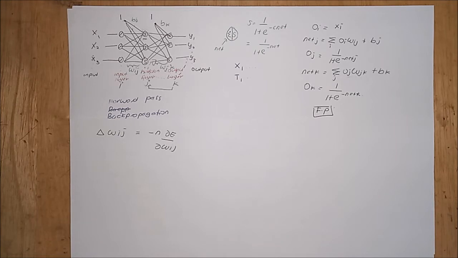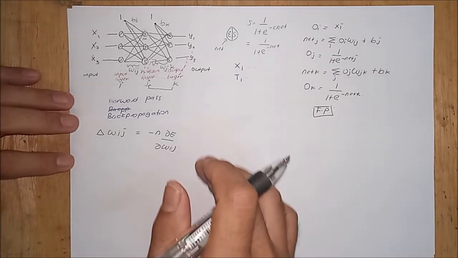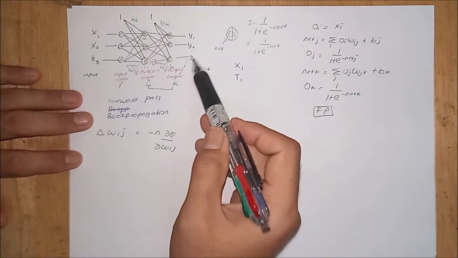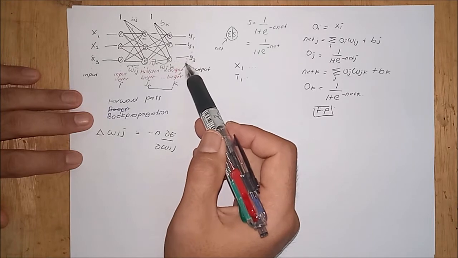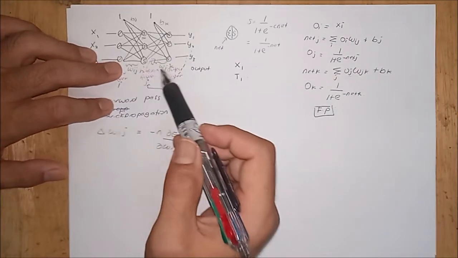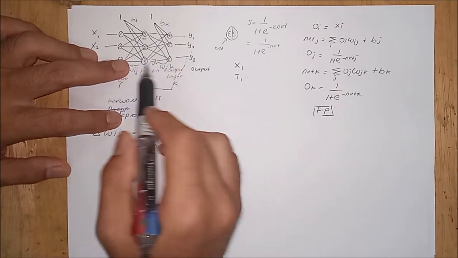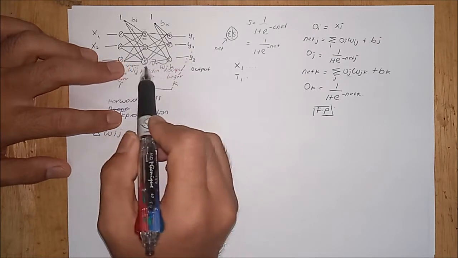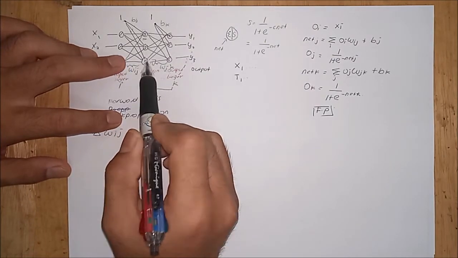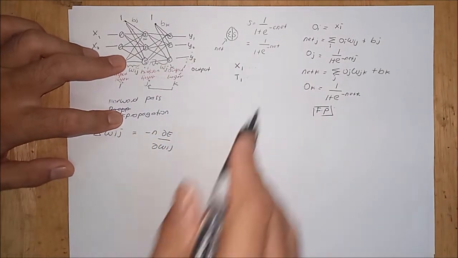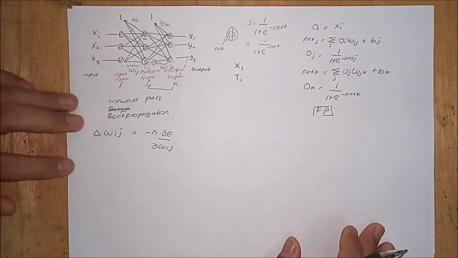We will repeat almost the same process, only it will be a bit longer, since the error is in the output layer, while delta Wij is in the hidden layer. So to reach the output layer, we will meet net j, then oj, net k, and then we reach the error.